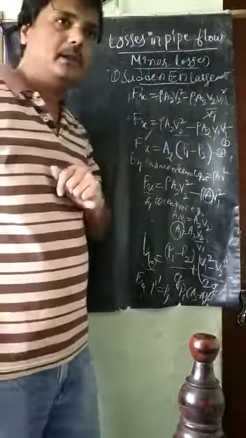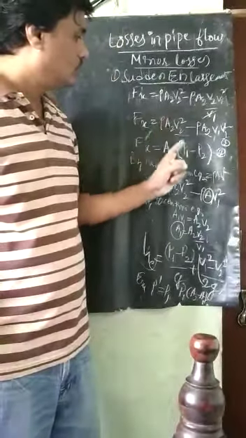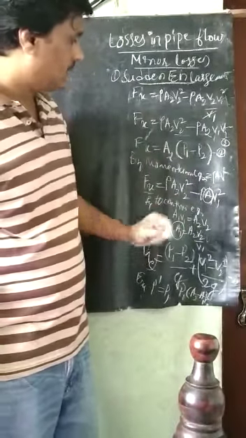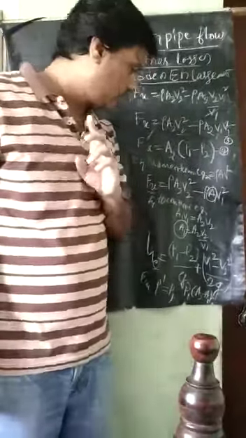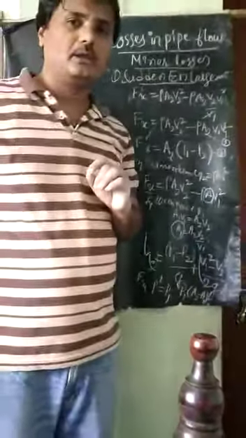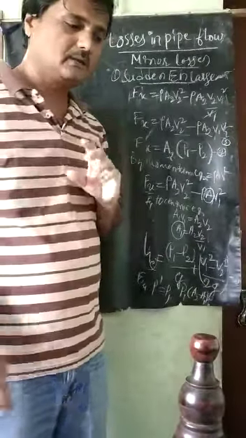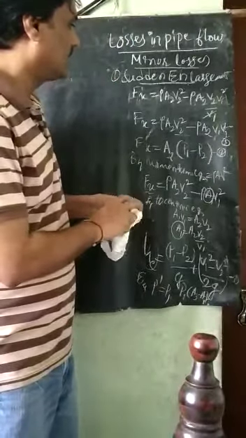Now we will compare equation number 2 and 3. Equation number 2 is also Fx, equation number 3 is also Fx. So therefore equation 2 is equal to 3, and we have to make this comparison.